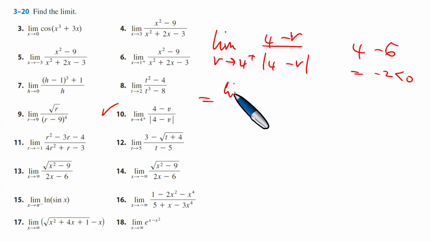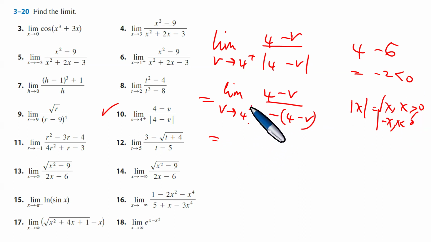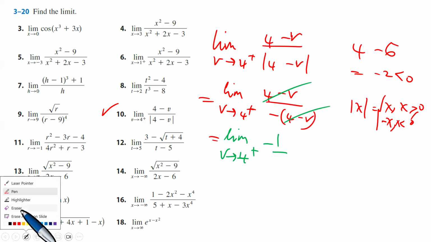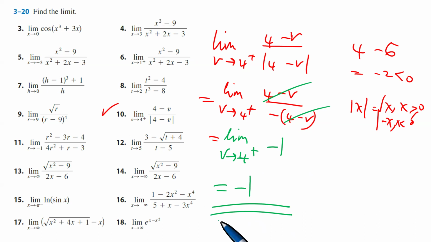If we have a negative inside the absolute value, the result becomes negative, because the modulus of x is x if x is positive or 0, and minus x if x is negative. So 4 minus a bigger number is negative, so you put a negative there and it cancels out. So the answer is exactly -1.